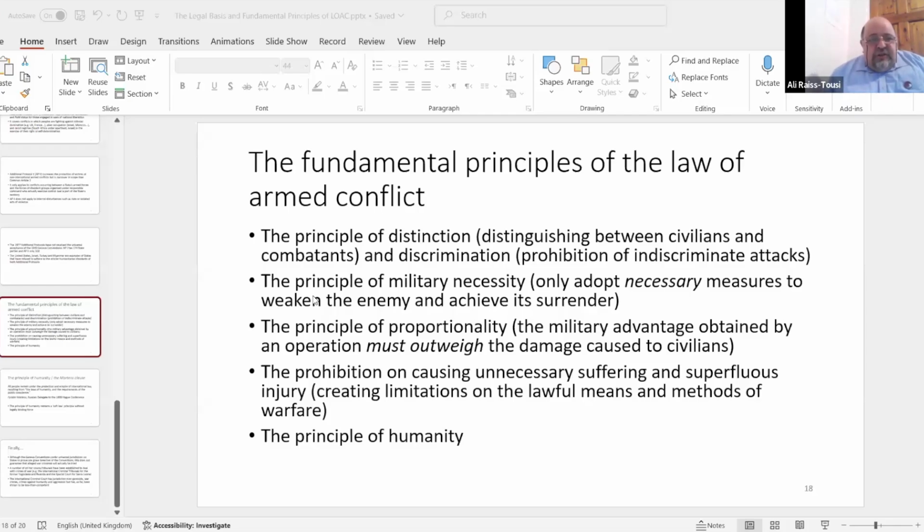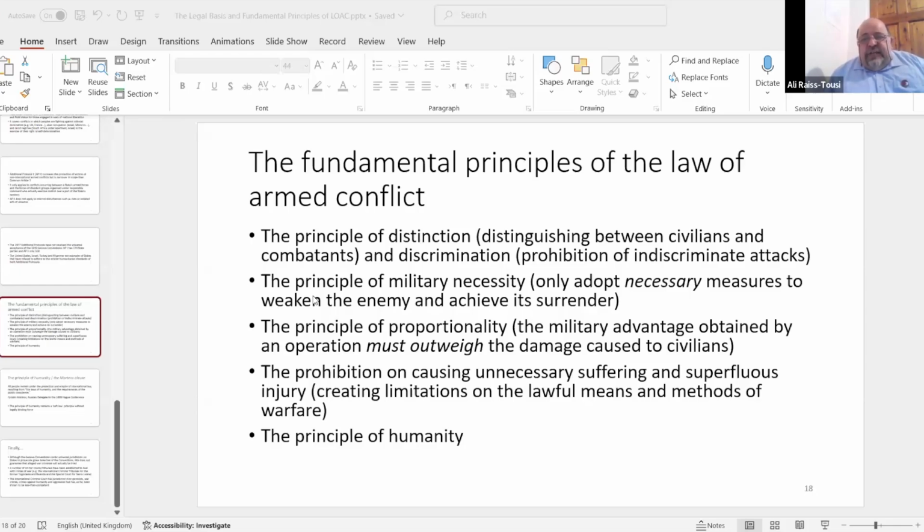Civilians cannot be targeted. The principle of discrimination, which bans indiscriminate attacks. You cannot carpet bomb a whole city or an area of a city in order to destroy a military target that happens to be situated in that area.